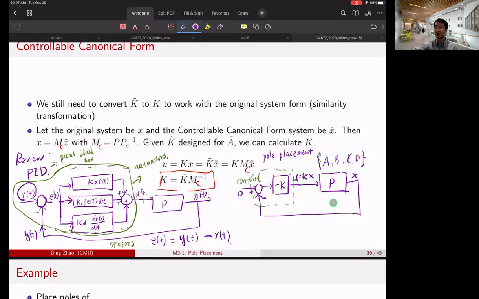Because this K is a matrix, and your X is multidimensional, this system is much more expressive than this. You can emulate the PID easily with this system. Because X can be, say, derivative.